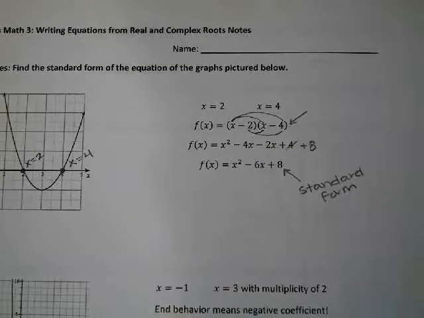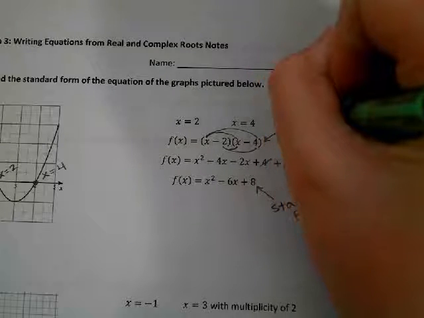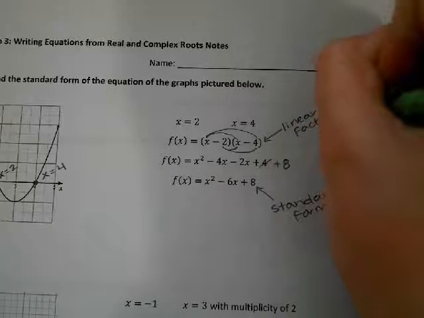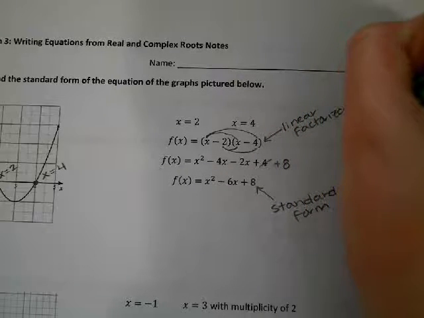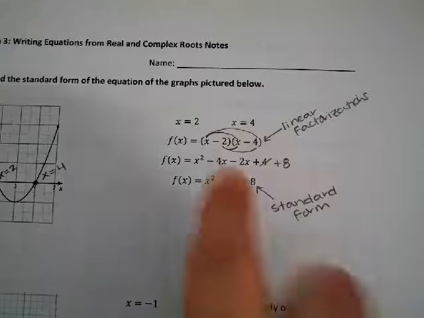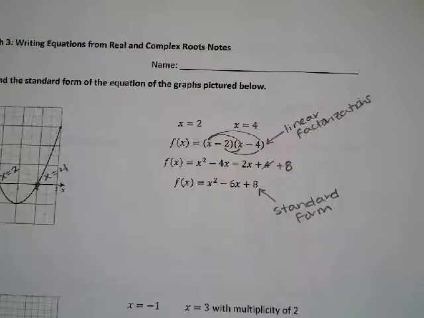And some of you guys noticed it on the worksheet and said, oh, that's a weird phrase, but it's called linear factorizations. The linear factorizations were the ones that we kind of liked because you could see what the x-intercepts were and you could see what the multiplicity of the x-intercepts were, so they were kind of nice.